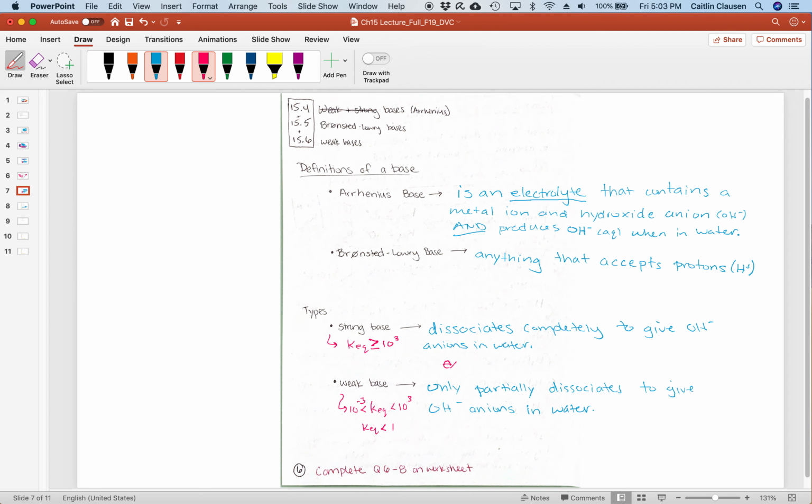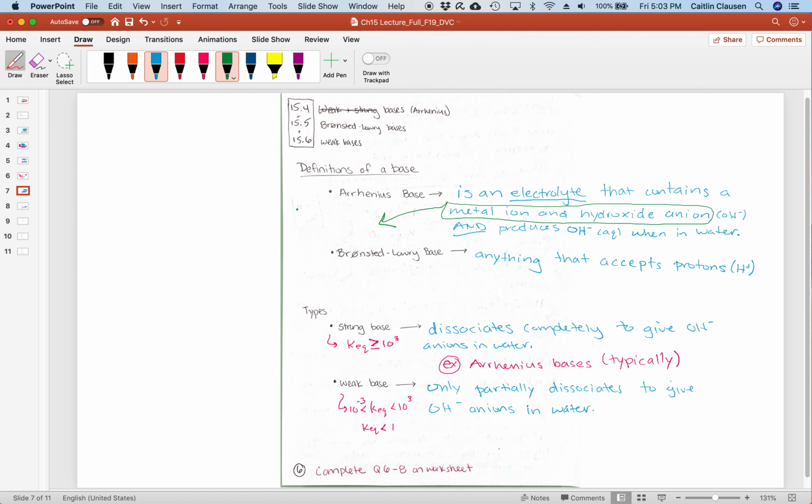One last thing, typically Arrhenius bases are strong bases. So since we're dealing with metal ion and hydroxide, a note on that should sound familiar.